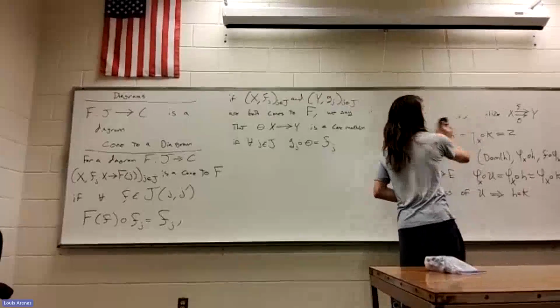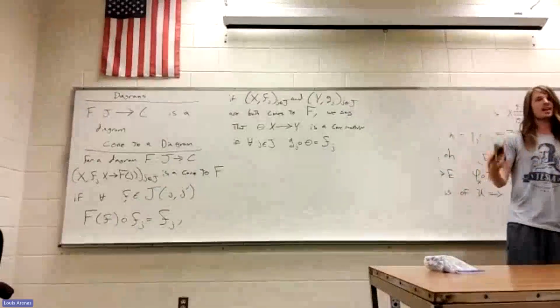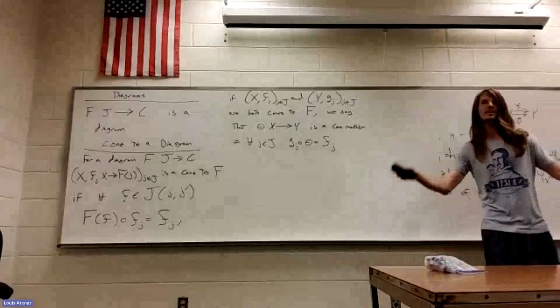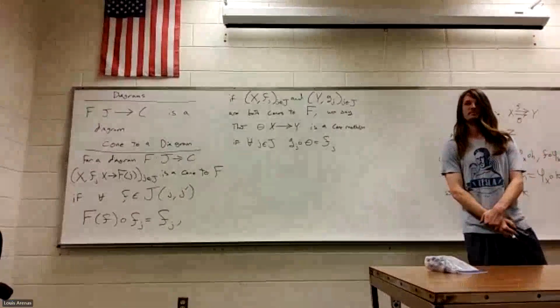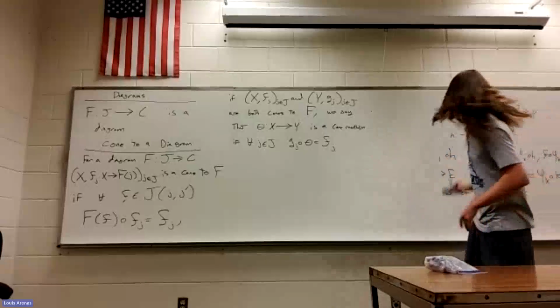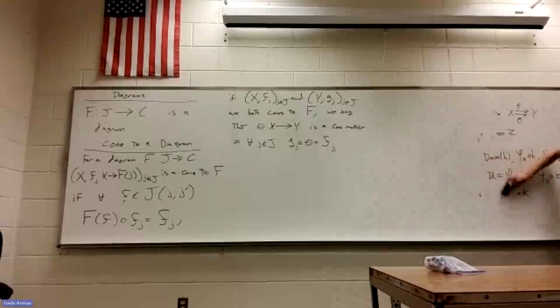So now finally, I can say the short sentence: limits are terminal objects in the category of cones to a diagram. We all know what it means now. Bam, we're done. No, okay, I'll explain all of that a little bit further.